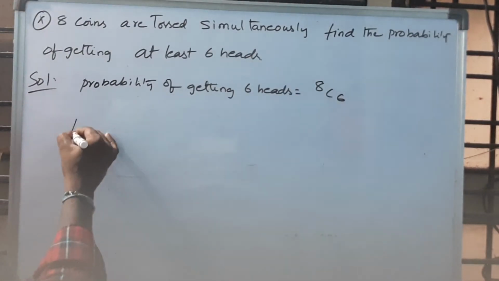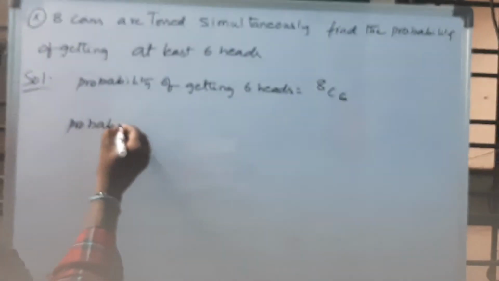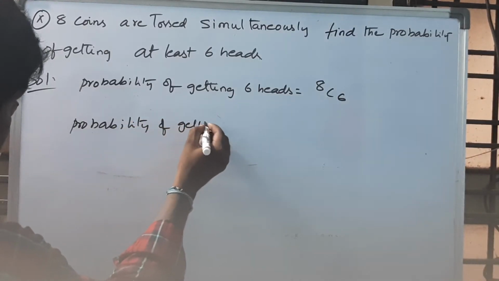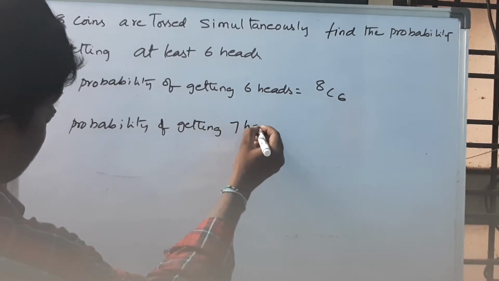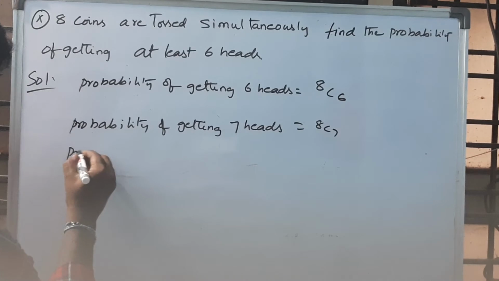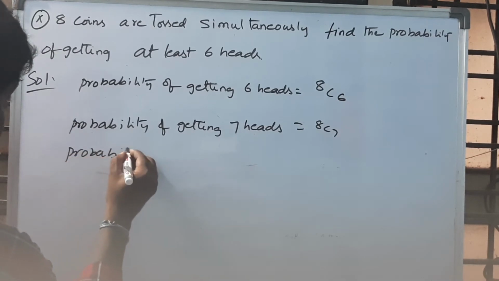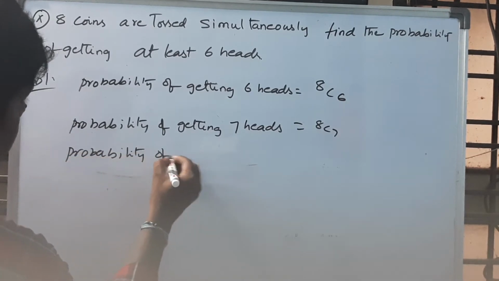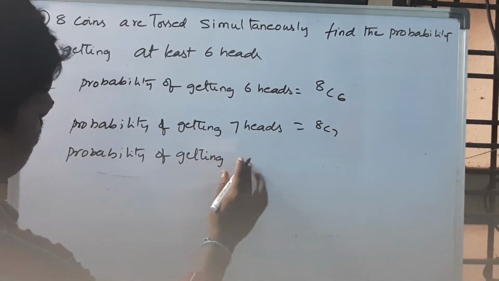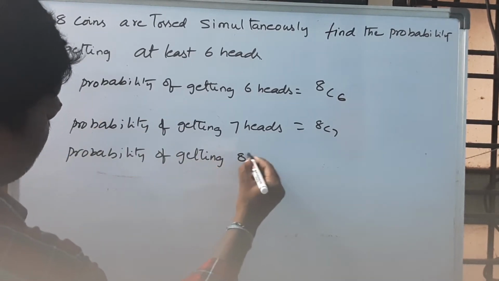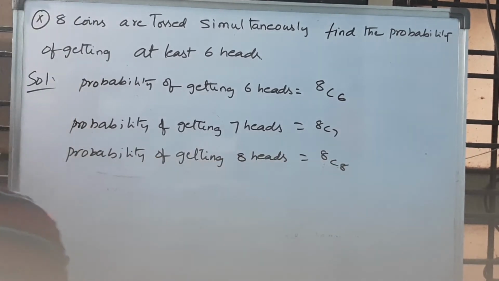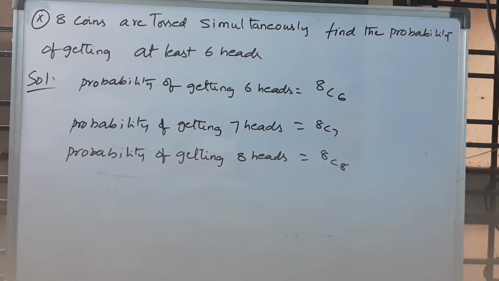Next, the probability of getting 7 heads, that is 8C7. Next one is the probability of getting 8 heads, that means 8C8.